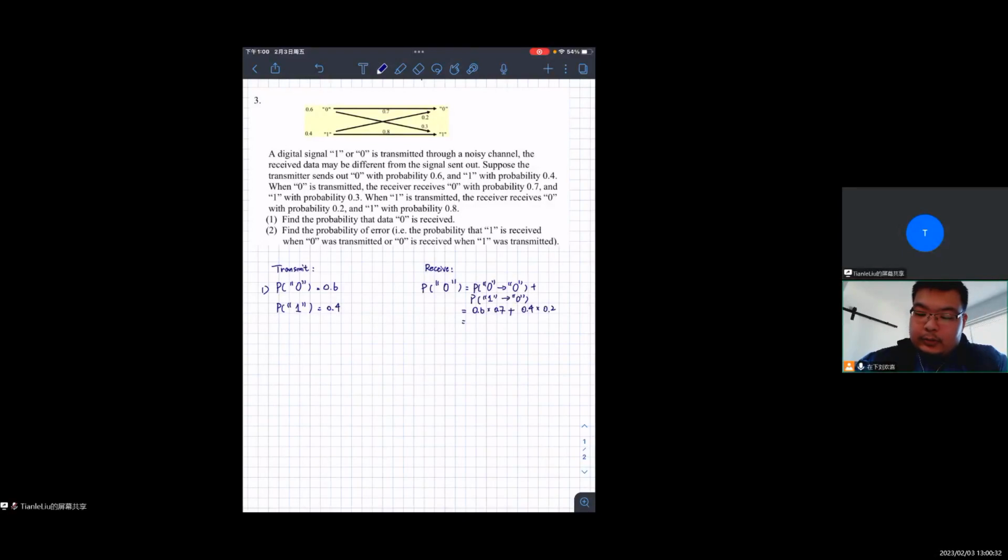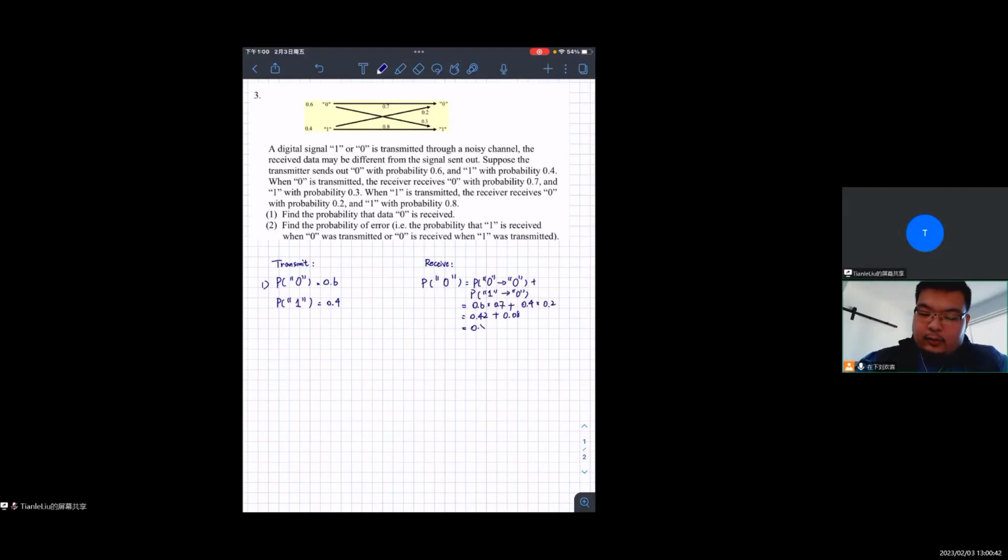By the calculation, it is 0.42 and 0.08, and the total is 0.5.